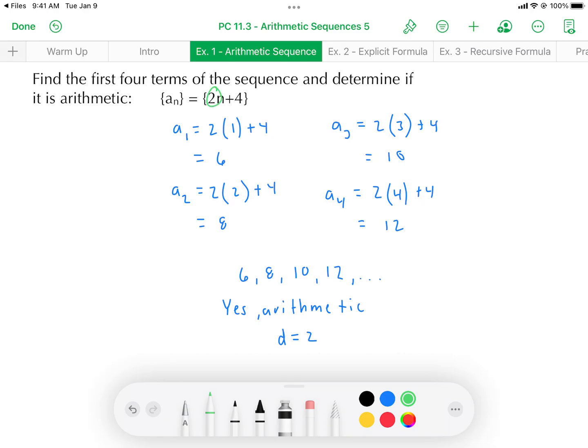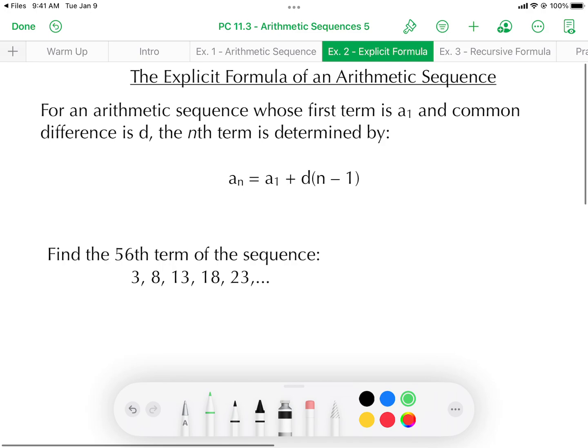All right? So let's say we are given the initial term a sub 1 and common difference d of an arithmetic sequence. We can use those to build the explicit formula. All we have to do is take that initial term of a sub 1 and add to it a factor of d that's 1 less than whatever n is. Okay?